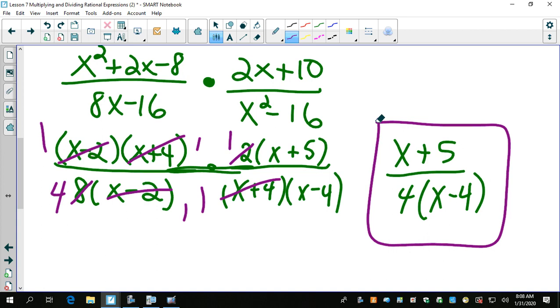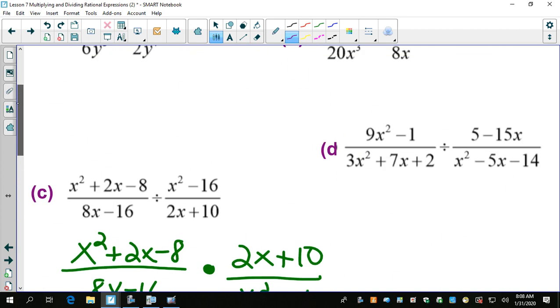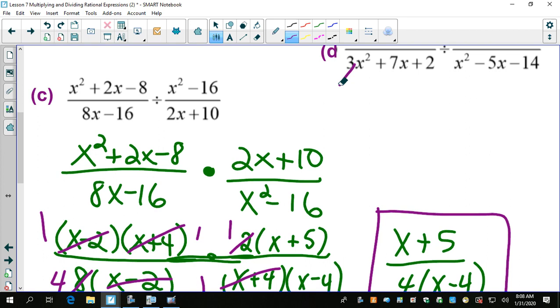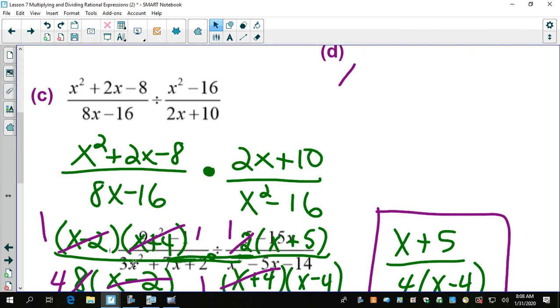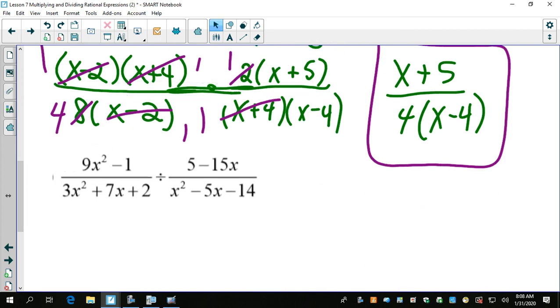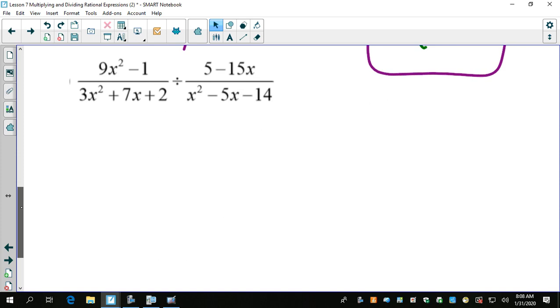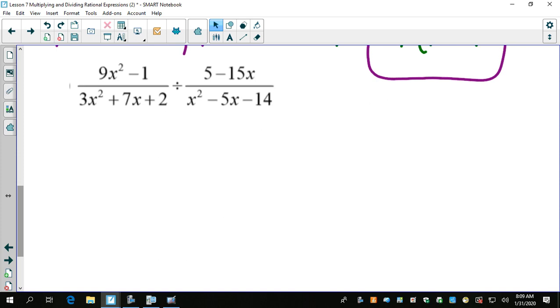All right, and let's do D, which I think I moved. Let me move this guy. Here we go. So here's D. And then we'll call it a day. I'm not going to make you do all 3 homeworks.